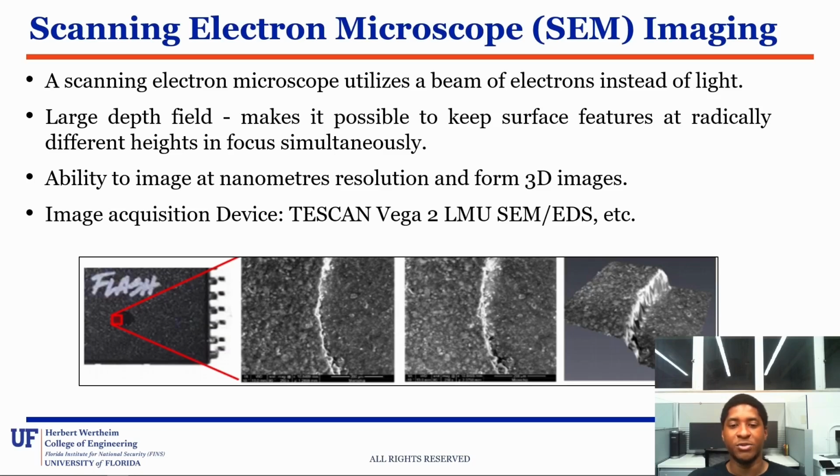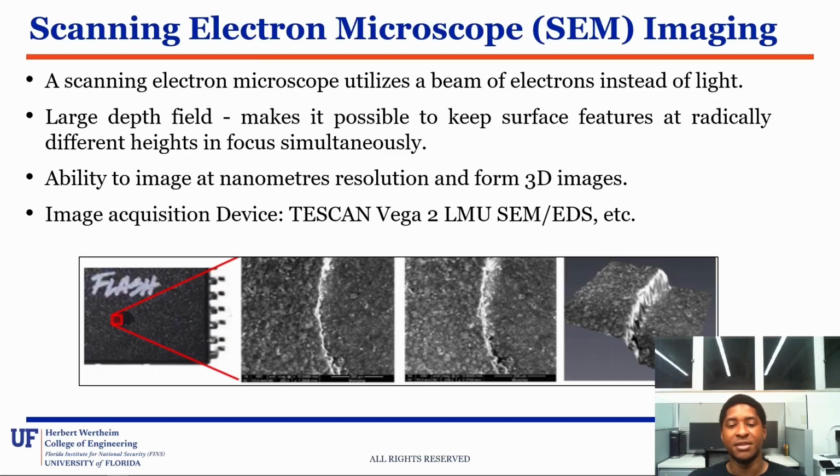Unlike optical microscopes that use light, scanning electron microscopes, or SEMs, use beams of electrons that give them a wide range of depth of field. You will understand more about this in the next lesson.